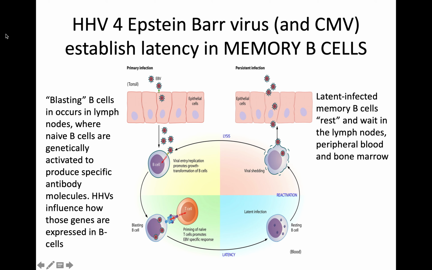And if it runs its course, it is an acute infection initially, and we know it as mononucleosis. But at some point, these viruses will become latent in the memory B cells or the lymph cells, and they will rest in those cells in the lymph nodes, peripheral blood, and bone marrow.